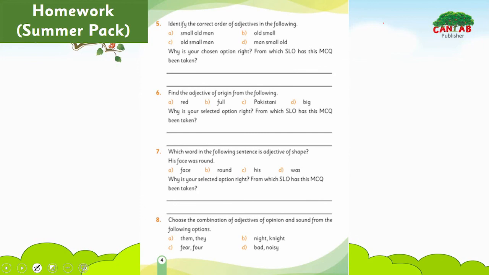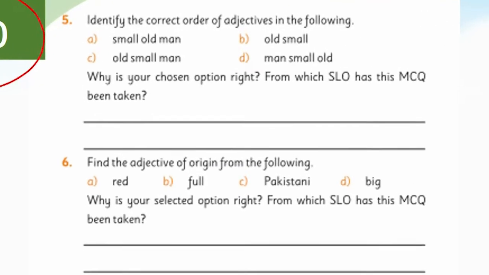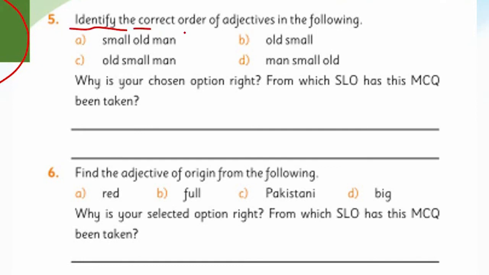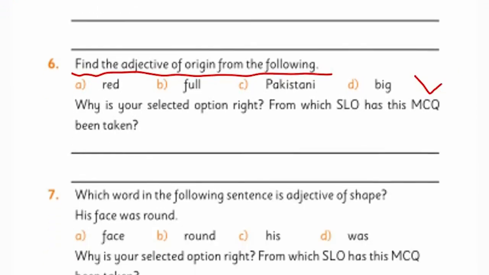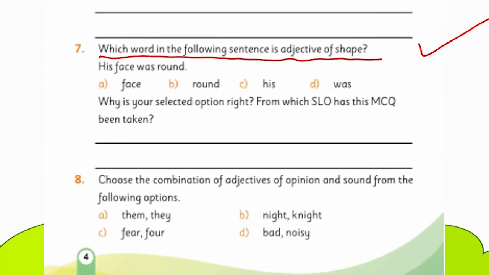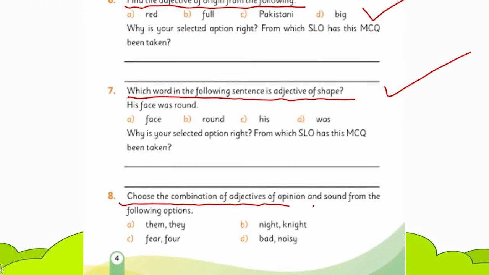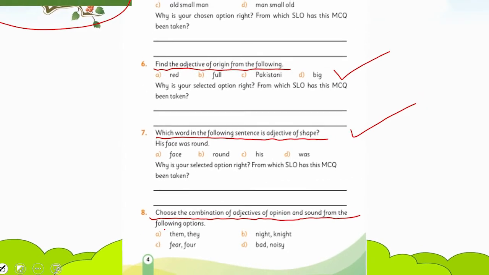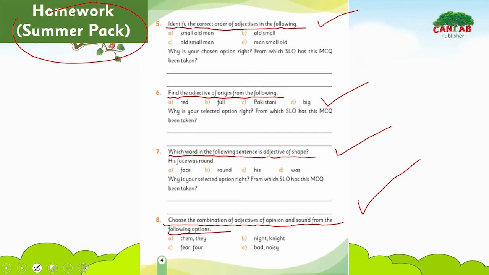The next homework is from the summer pack. You have to identify the correct order of adjectives in the following. You have already done. Find the adjective of origin from the following. You have already done. Which word in the following sentence is adjective of shape? You have already done. And choose the combination of adjectives of opinion and sound from the following options. Already done by you.